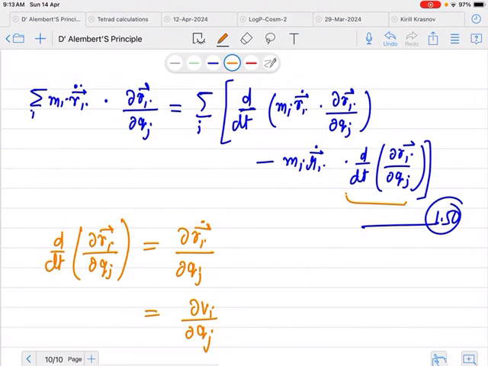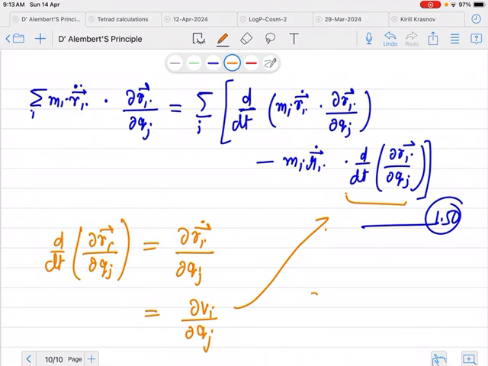So we can put this in here, and we can verify that both are equivalent expressions.